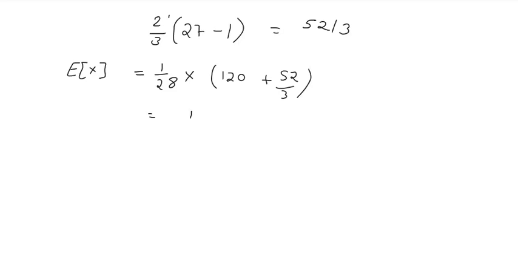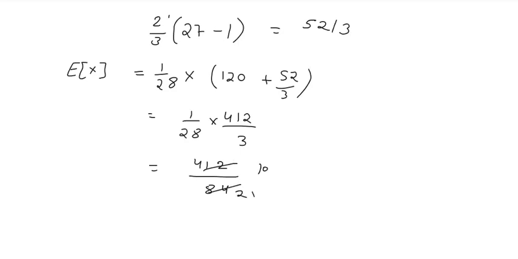Now further solving, it is 1 upon 28 times 412 upon 3. So after solving this equation, we are going to have 412 upon 84. Now cancelling out, dividing by 4, this is 21 and this is 103, so we will get 103 upon 21.